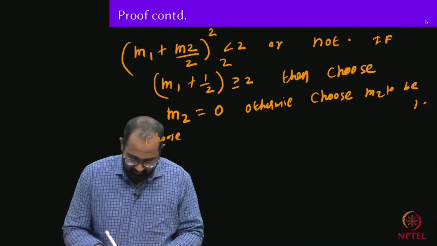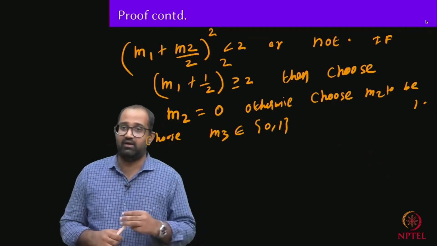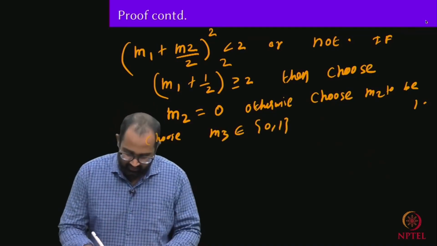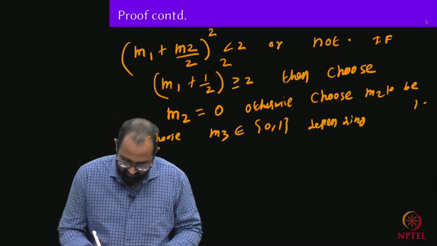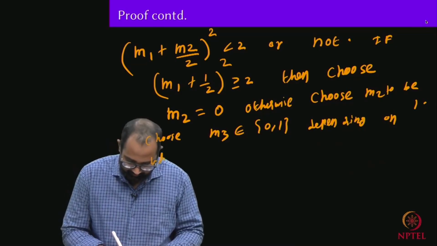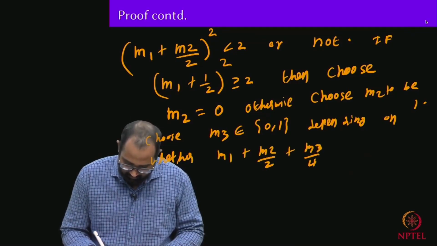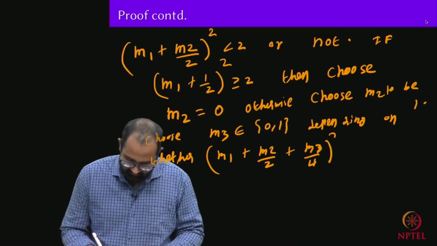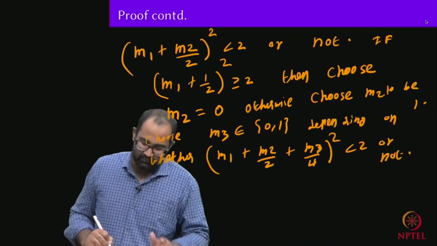Choose M3 in 0, 1, M3 is 0 or 1, depending on whether M1 plus M2 by 2 plus M3 by 4, the whole squared, is less than 2 or not. Okay.